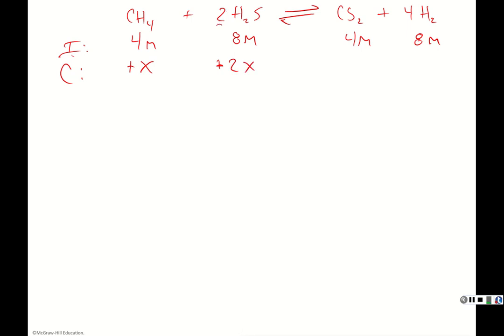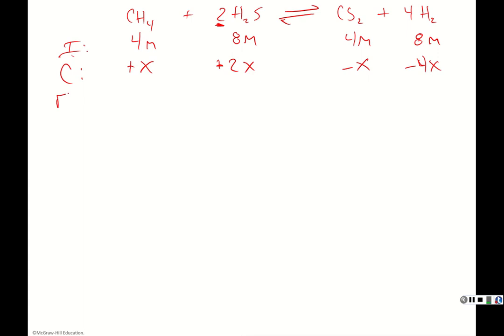And again, that 2 is because of that coefficient. And likewise, the compounds that are written on the right that we tend to think of as products are now actually reactants since the reaction's going backwards. And we're going to have a change of minus X and minus 4X for both of those.